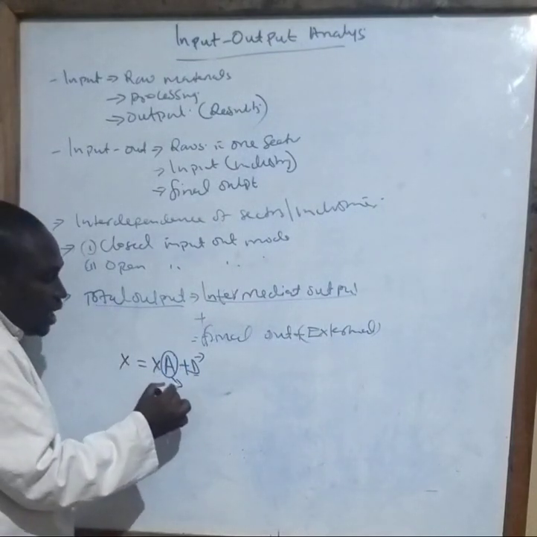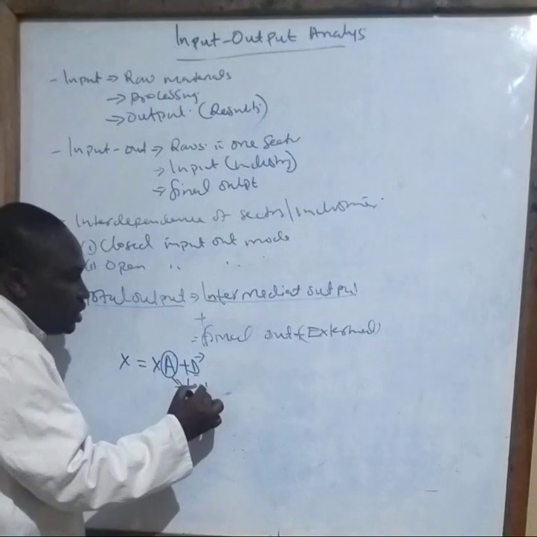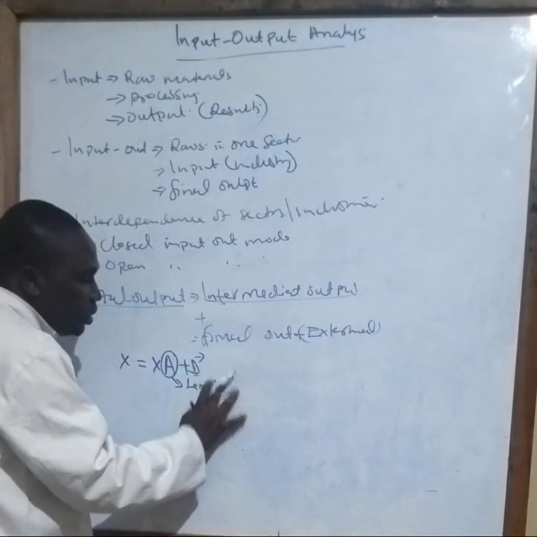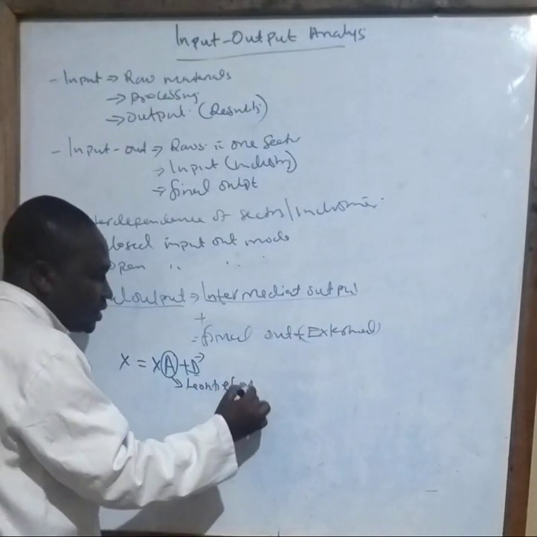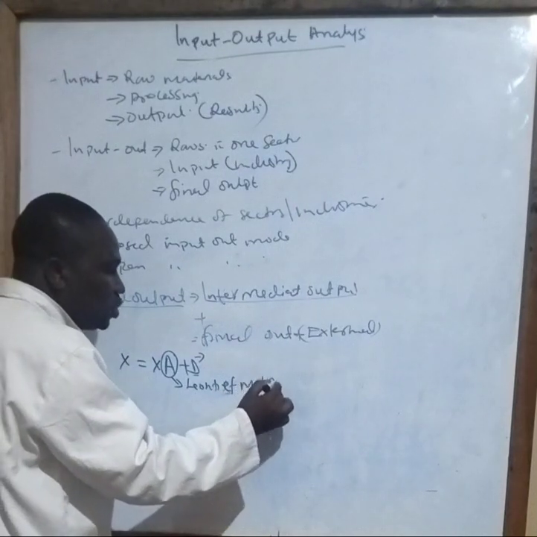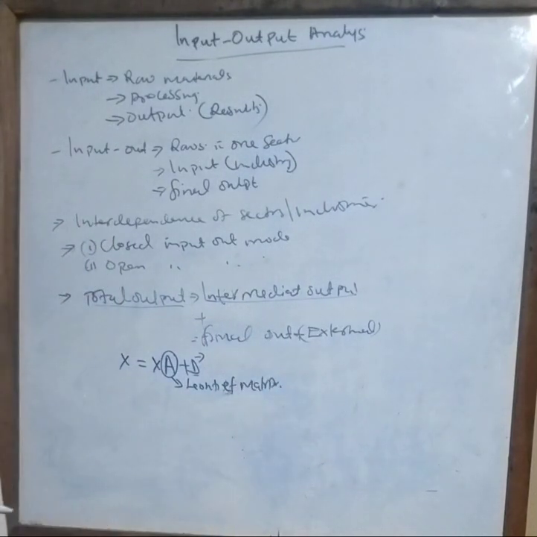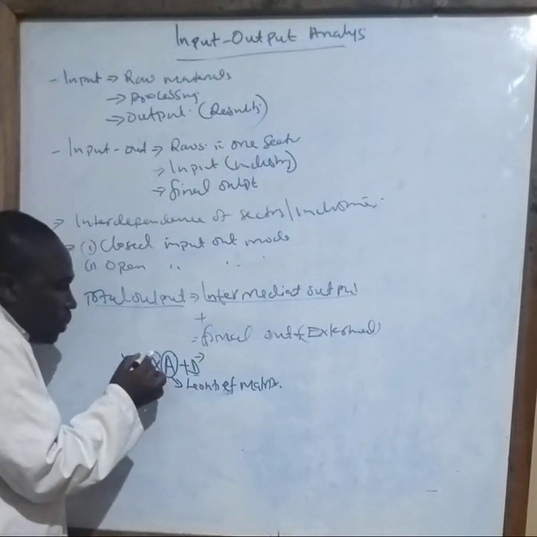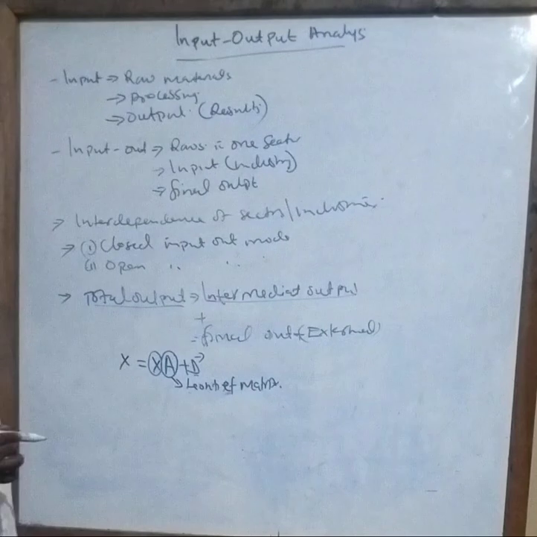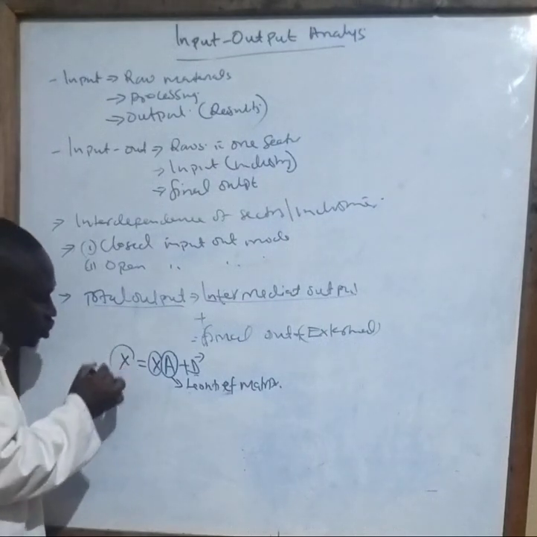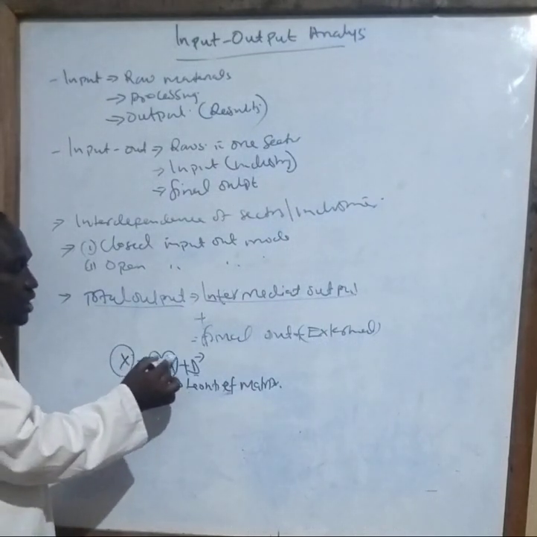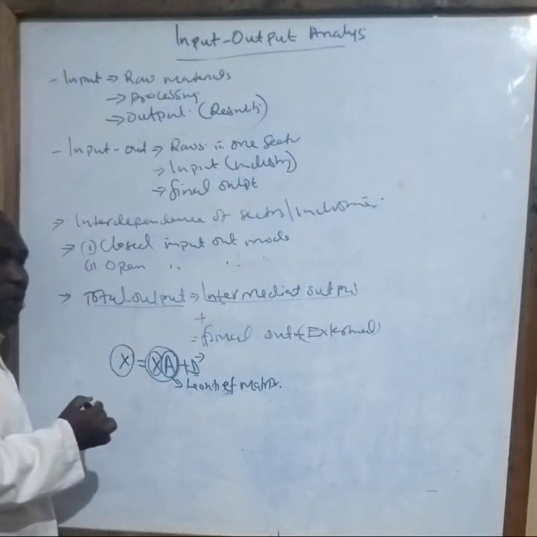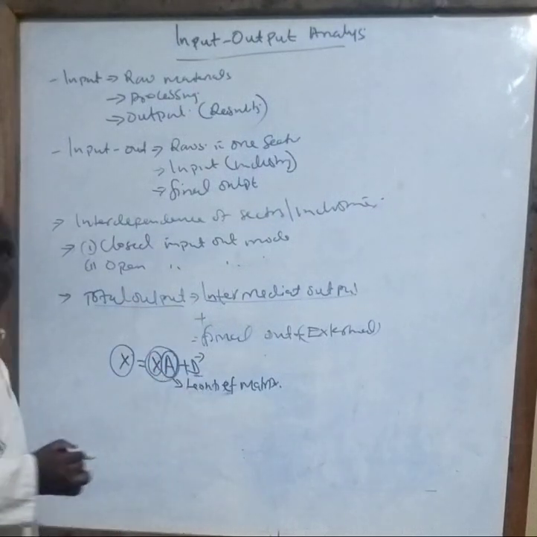This matrix here is what is referred to as the Leontief matrix, of which we are going to see how it is calculated. Then this Leontief matrix here is multiplied by the total output. So therefore, for us to get the total output, it will be the internal output or intermediate output plus external output.